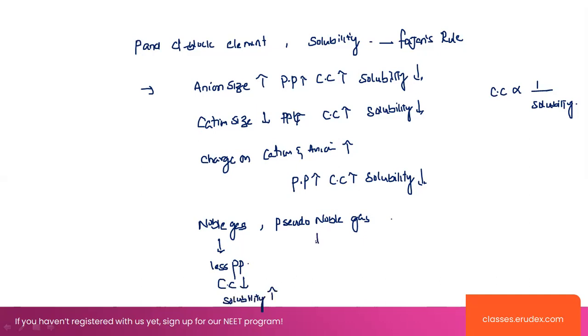Whereas in the case of pseudo noble gas configuration, that means 18 electron configuration, this will have more polarizing power. More polarizing power means more covalent character, and more covalent character means solubility will decrease.